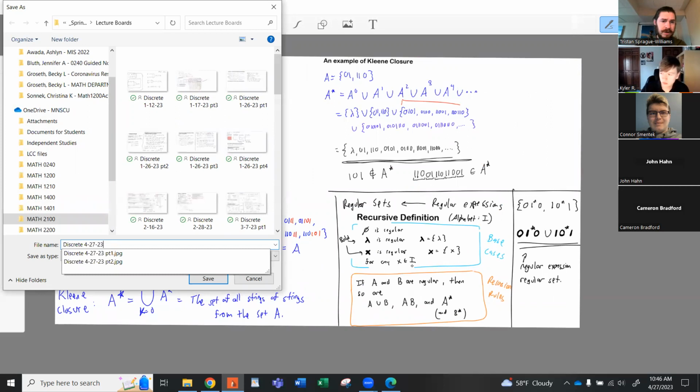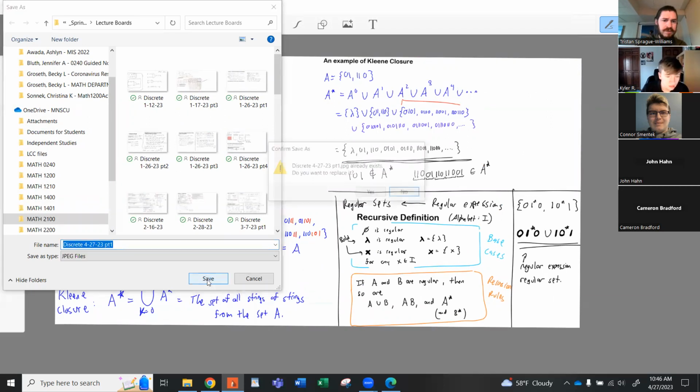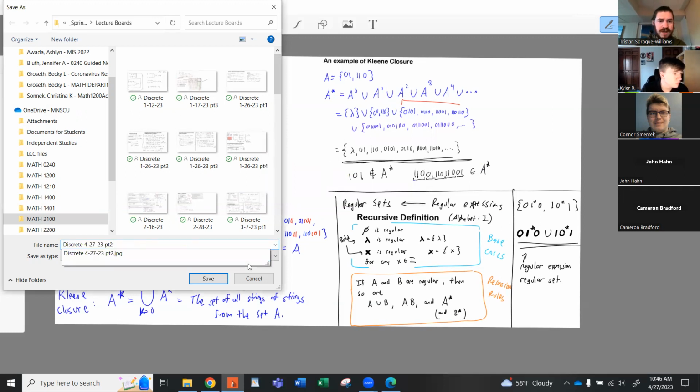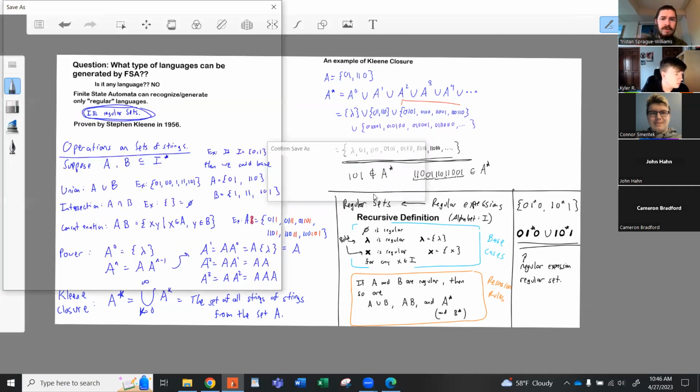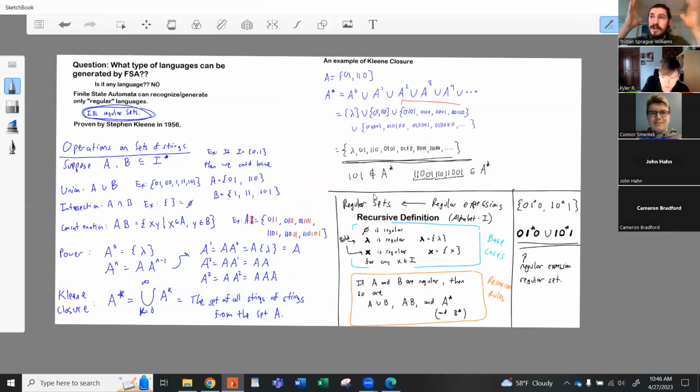Kleene's theorem actually just says that the type of languages that you can generate with a finite automaton are just the regular sets, regular languages, those which can be described using regular expressions. But this is not all possible sets. There are sets that are not regular.